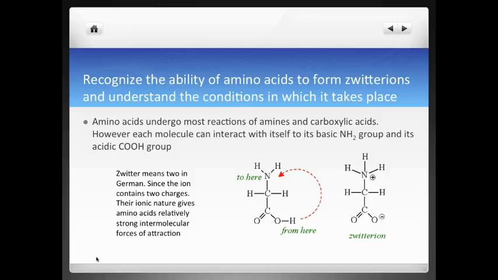However, each amino acid can interact with itself, and it can provide a hydrogen ion from the carboxylic acid to the base. Therefore, we have what is called a zwitterion, or a Zwitter ion. It comes from a German word.